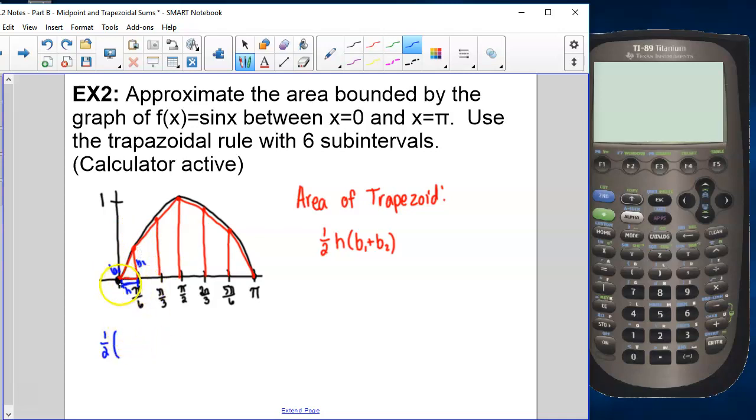So the height of each one of these, what's that width there from 0 to pi over 6? It'd be pi over 6. So 1/2 pi over 6, and then we would have 0 plus f of pi over 6.